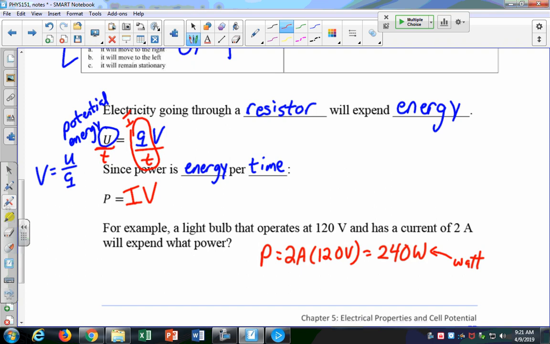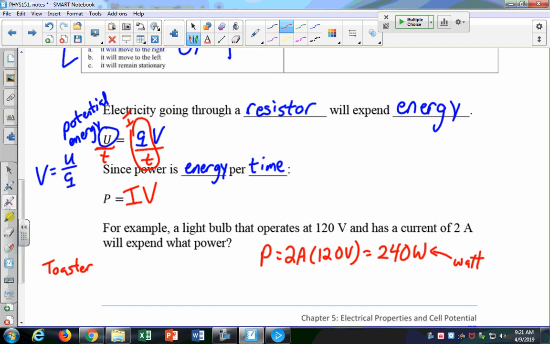Electricians use this a lot when they're mapping out homes. They need to know how much current a home is going to use in a particular circuit, right? Because the circuits in your house are all rated to a certain current, 15 amps or 20 amps, or maybe 30 amps on some of your bigger circuits. And so they'll say, oh, a toaster.